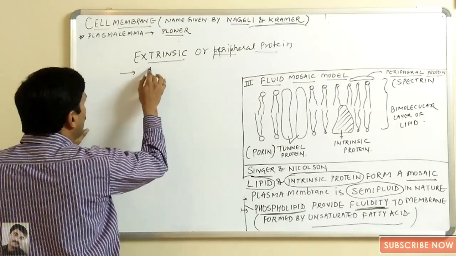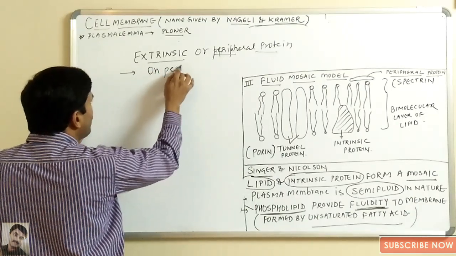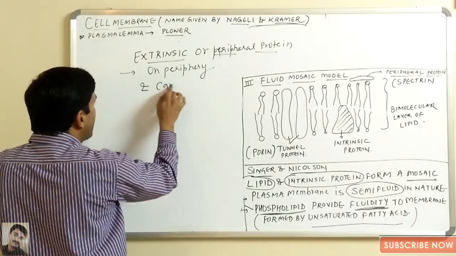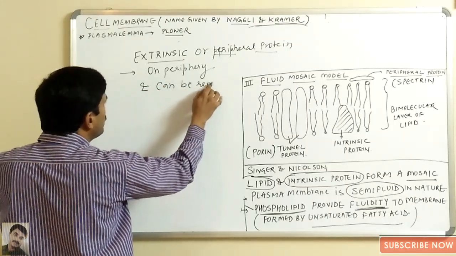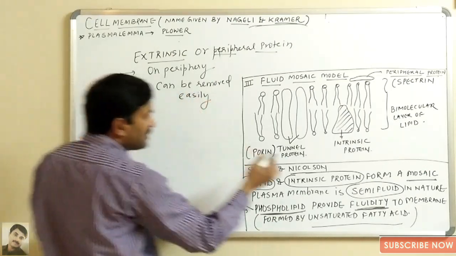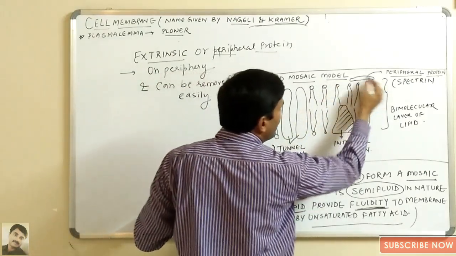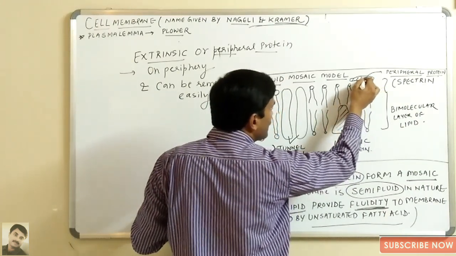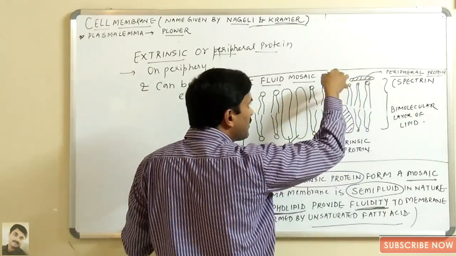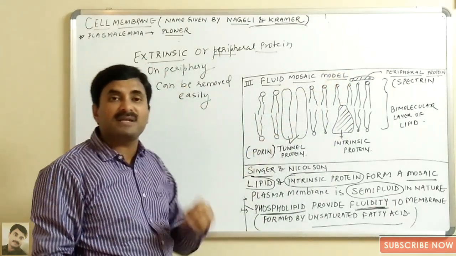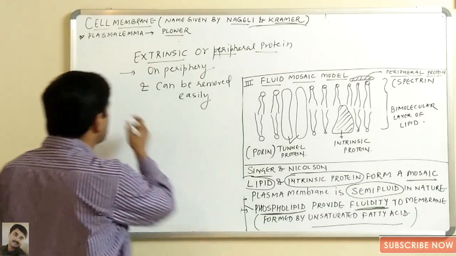They are present on the periphery and can be removed easily. These are the peripheral proteins. You can see here that I have drawn certain proteins at the surface. They are not embedded inside the cell membrane. They are present at the periphery, and therefore they are called extrinsic or peripheral proteins.